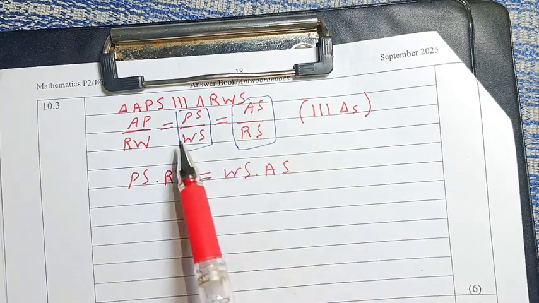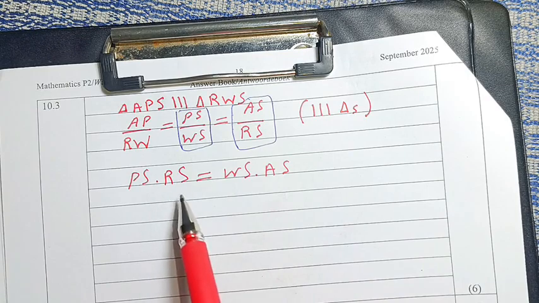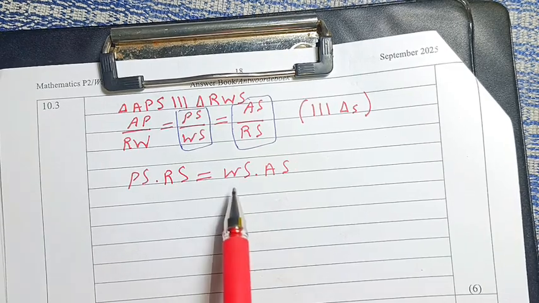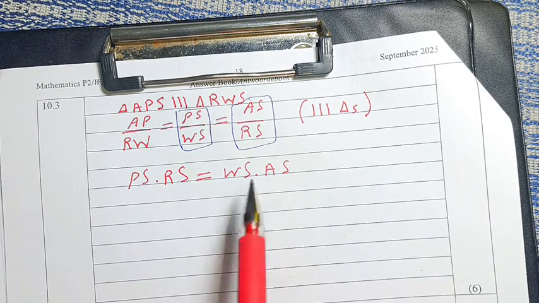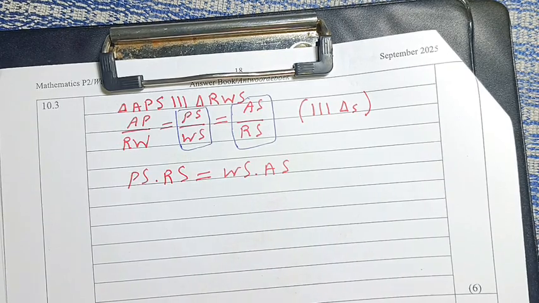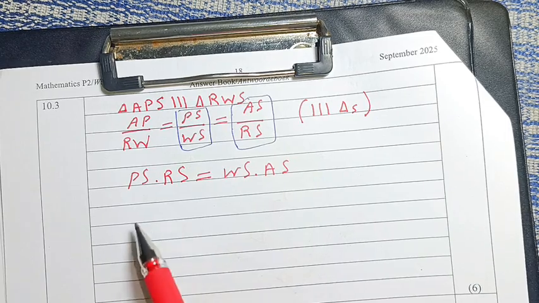So you can say AS multiply WS, doesn't matter. So now we need to prove that RS square is equal to WS multiply AS. The right hand side is fine, but on the left hand side we need to replace PS with RS.